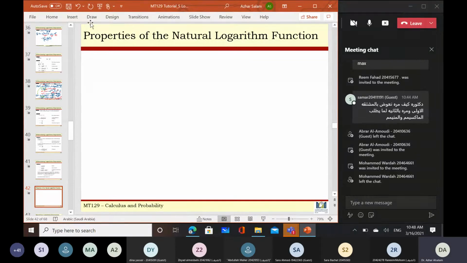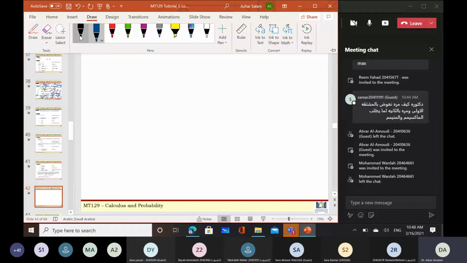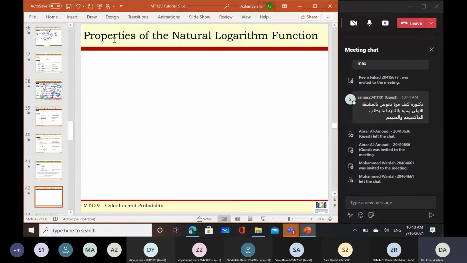Now this was an example about finding the derivative of the natural logarithm. Now we will take some properties of the natural logarithm. This was actually supposed to be covered earlier; it should be given from the start, once we defined the logarithmic function. Some properties of the natural logarithm: if I have the natural logarithm of a multiplication between x and y.